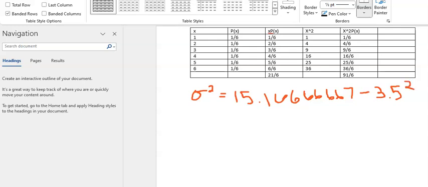All right, so let me do that whole thing in my calculator. So minus 3.5 squared, and I get 2.91666666.